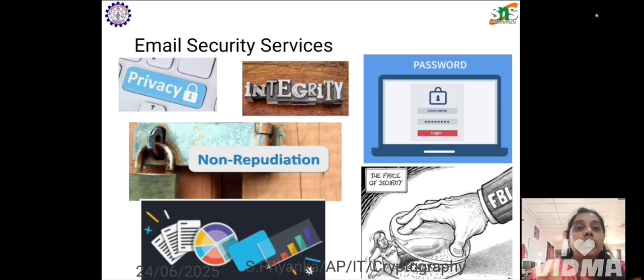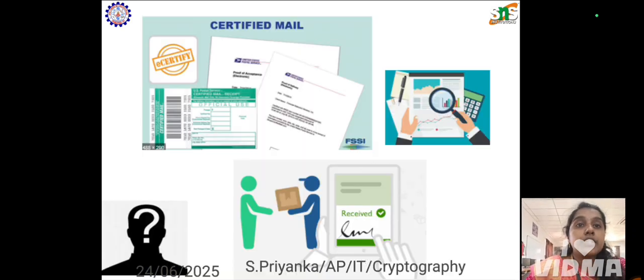These are all the email security services. The email security services mainly include privacy, integrity, authentication, non-repudiation, and proof of submission and delivery. These all come under the email security services.